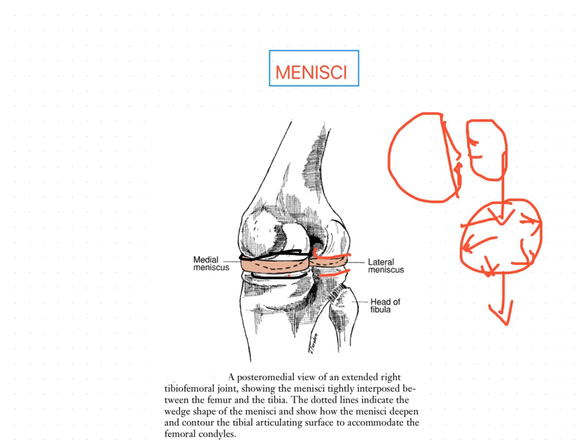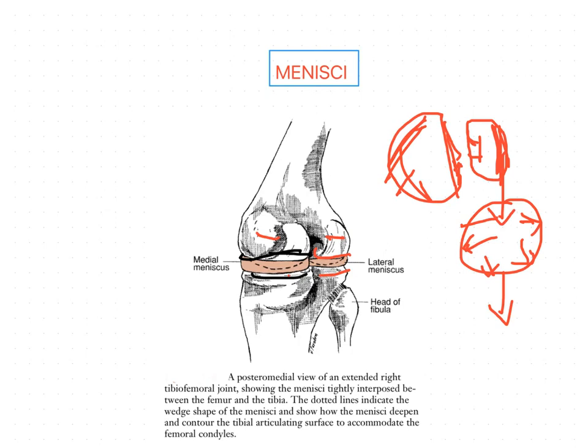Both menisci are open towards the intercondylar area. These menisci are thick at the periphery, and at the center they are very thin, forming concavities into which the respective femoral condyles can sit.